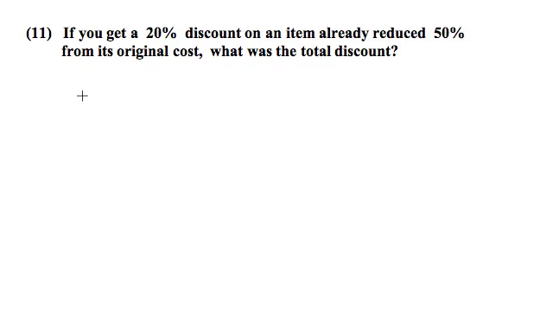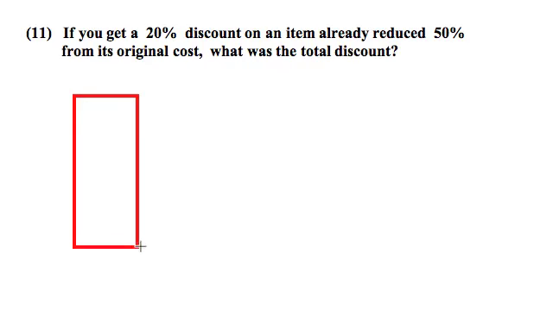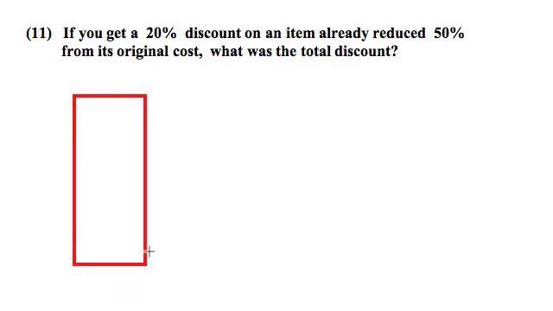For percent problems, I like to draw blocks. Okay, and since we're dealing with relative amounts as percents, why not choose 100? As we'll see, it makes calculations a little easier.